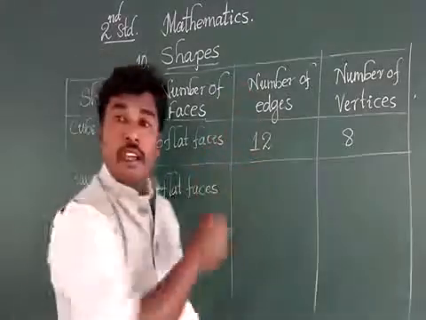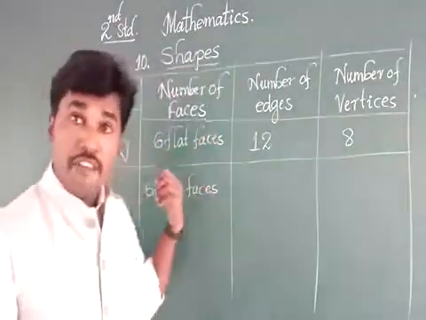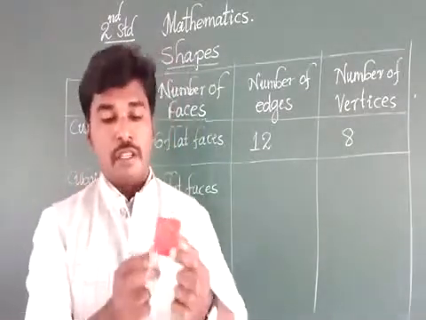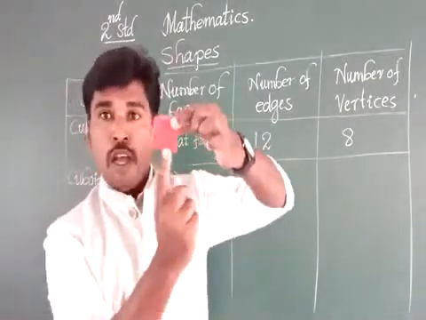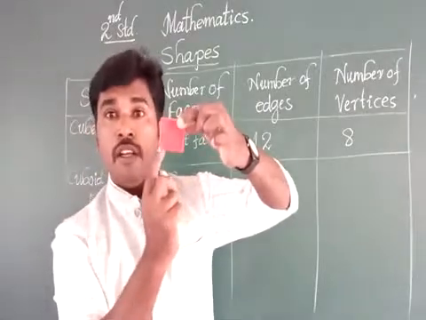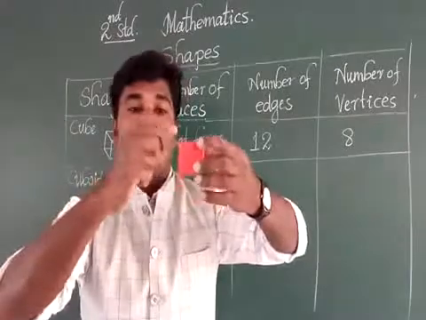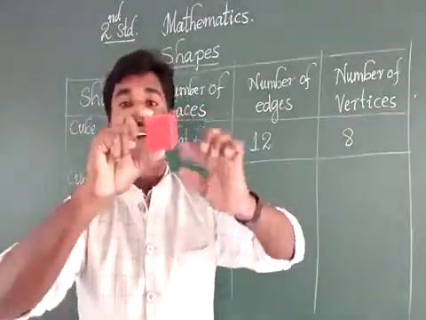In the same way as the cube, it also has 12 edges. In the down, 1, 2, 3, 4. Again 5, 6, 7, 8, 9, 10, 11, 12.